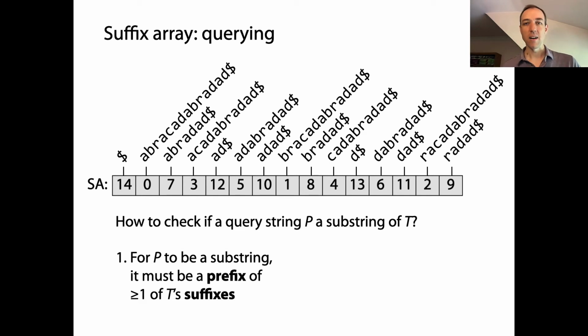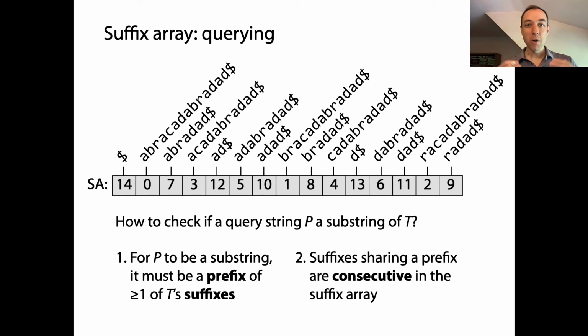We used this same principle when we argued that we could answer presence-absence queries using the suffix trie or the suffix tree just by walking down from the root. This time there's no root, so there's not really a walking down from the root option, but the principle is the same: if P is going to be a substring of T, it has to be a prefix of at least one of the suffixes, and here are all the suffixes.